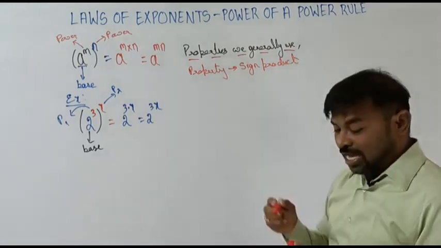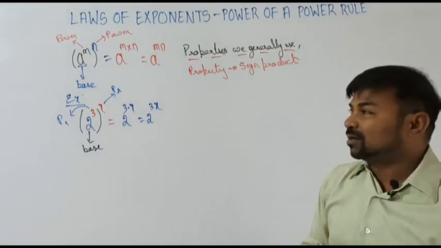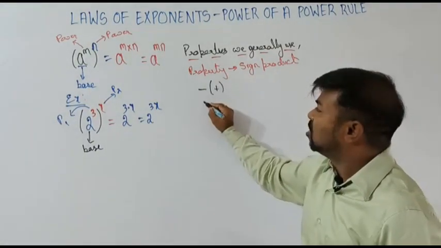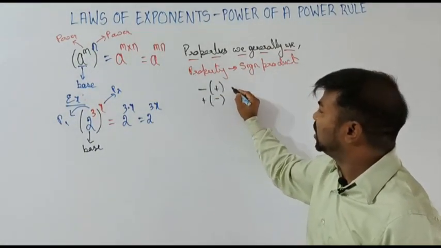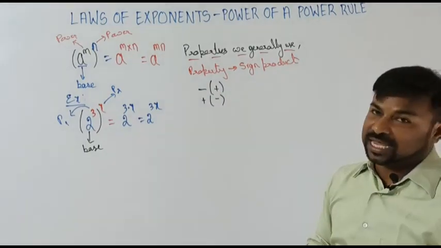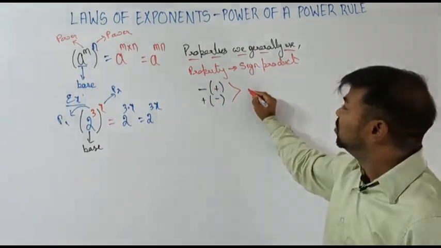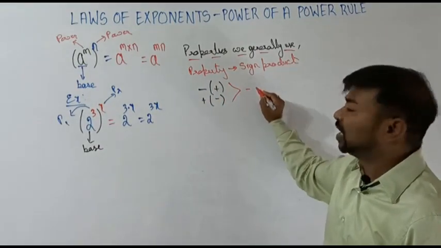As you all know, if different signs are multiplied, minus into plus or plus into minus, in both these cases we get a negative sign.